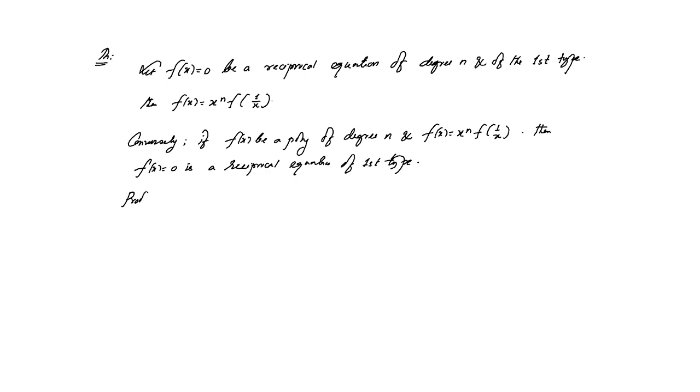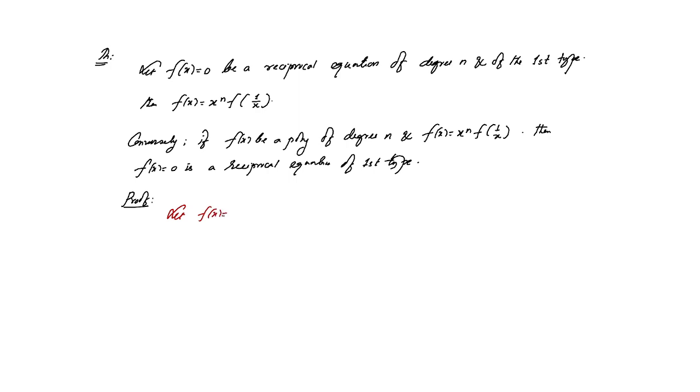So now we come to the proof. How to prove? First we consider f(x) is a reciprocal equation of degree n and first type, then we prove f(x) equals x to the power n f of 1 by x.